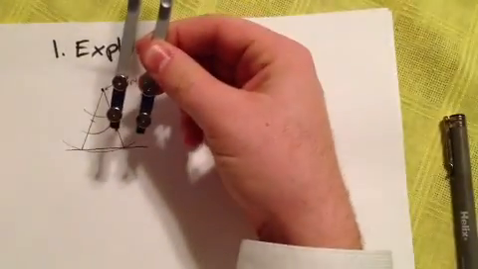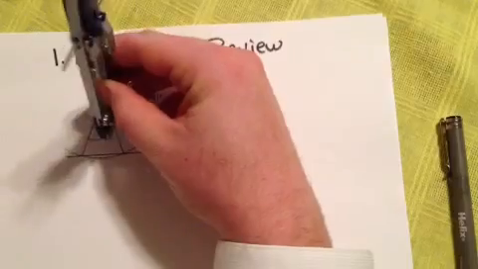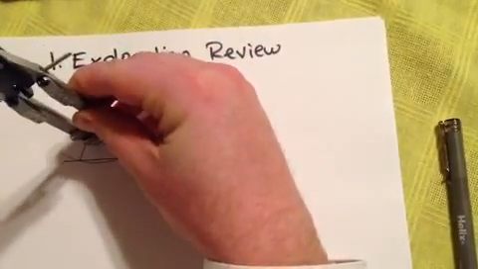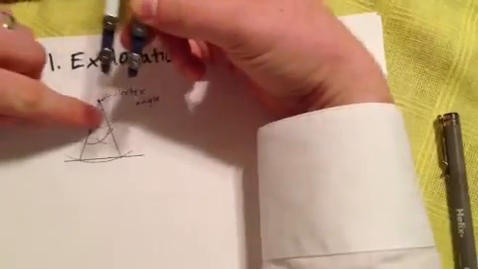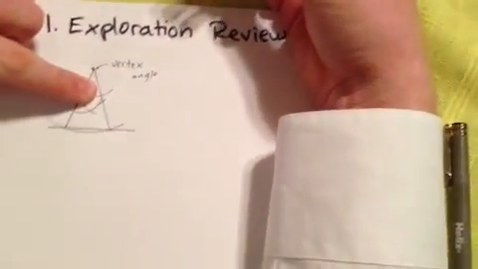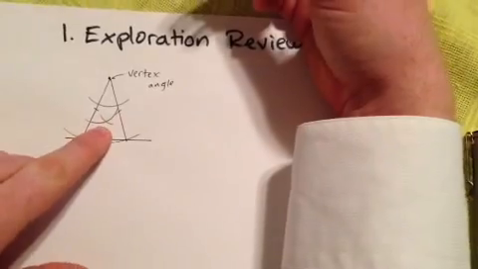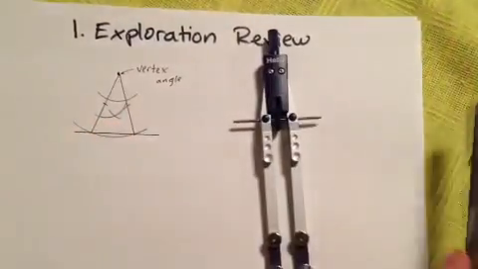Now don't change the width of your compass. Go to the other point that you have intersection on the side and swing another arc. Again, put the point of your compass on the other intersection point that's on your triangle and swing an arc going the opposite direction. You'll notice the two arcs cross.